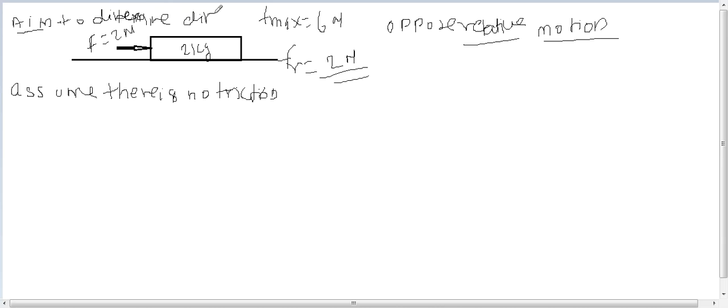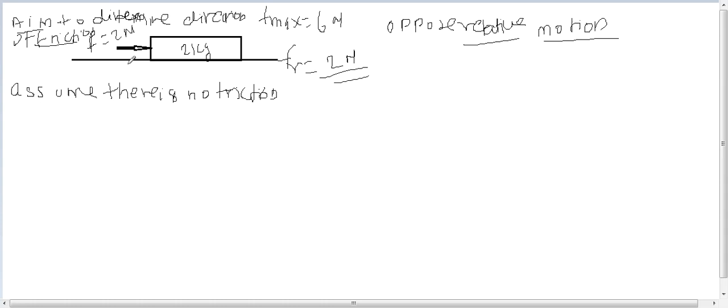We want to determine what the direction of friction should be. So first we have to assume that there is no friction. Follow these things, don't argue on them. So let's assume there is no friction.